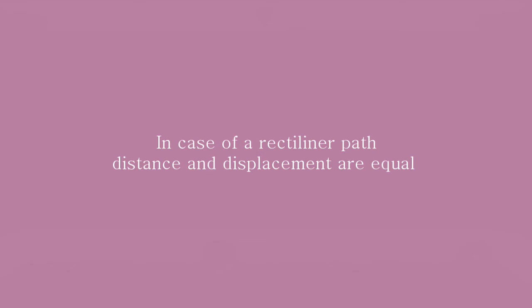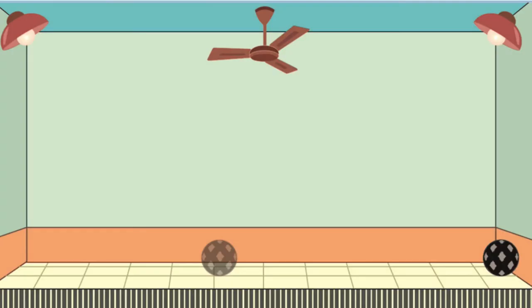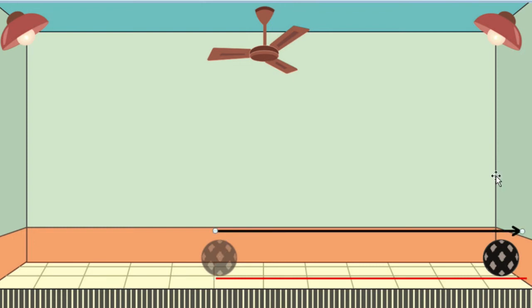This is another point of distinction between distance and displacement. Remember, both the distance and the displacement are maximum when the ball strikes the wall. Also, they are same.